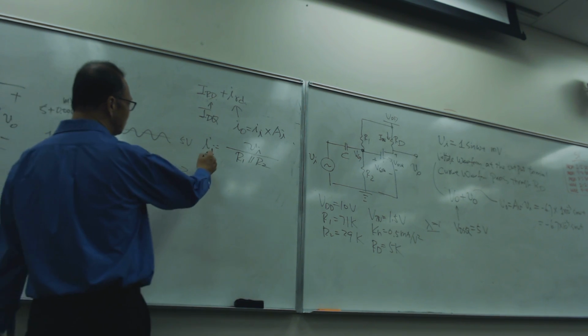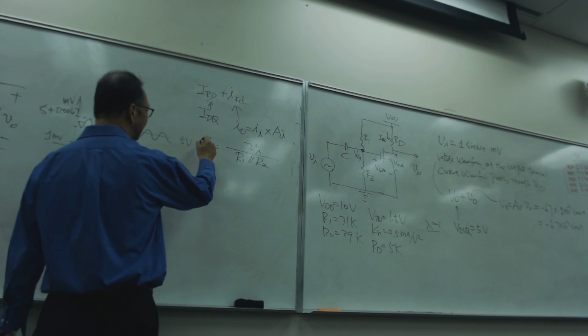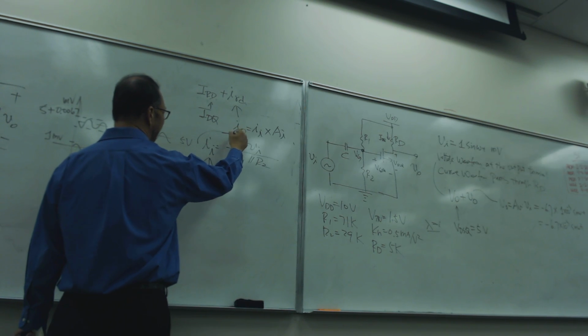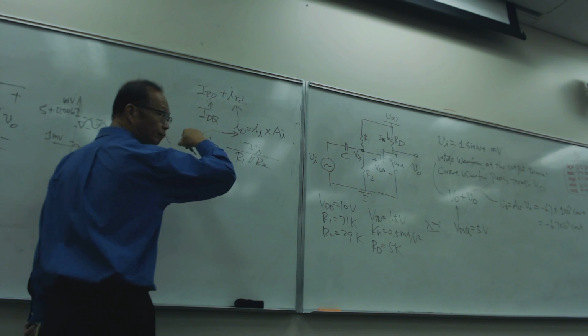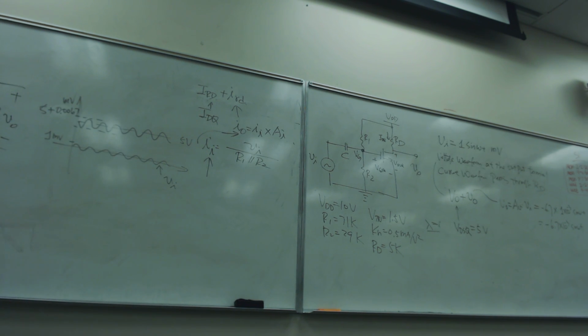So you get a value of I sub I, and then you put it here, you get a value of I sub O, and then you add that, and that will be the final waveform. Is it clear? I did not put any numbers.